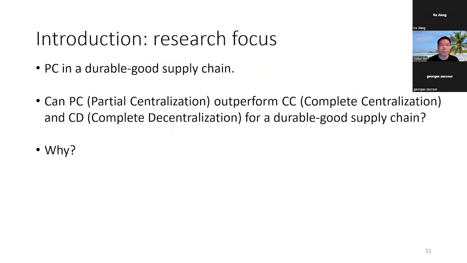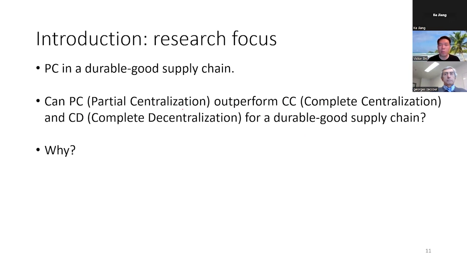So the focus of our research is partial centralization in a durable goods supply chain, and our main research question is: can PC, partial centralization, outperform complete centralization and complete decentralization for durable goods supply chains?